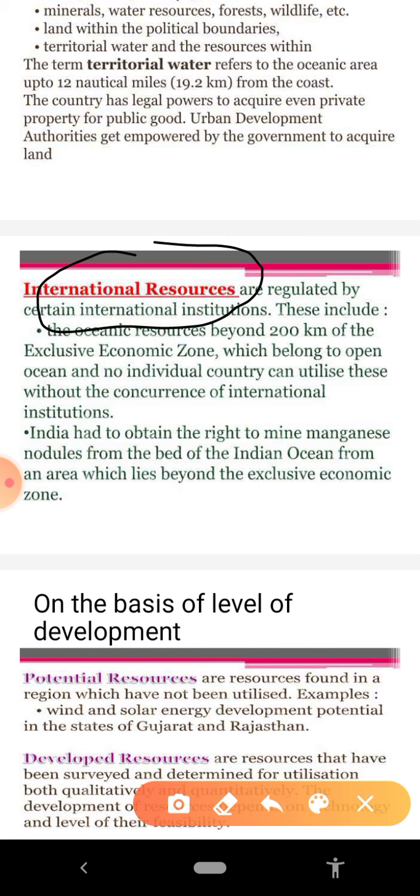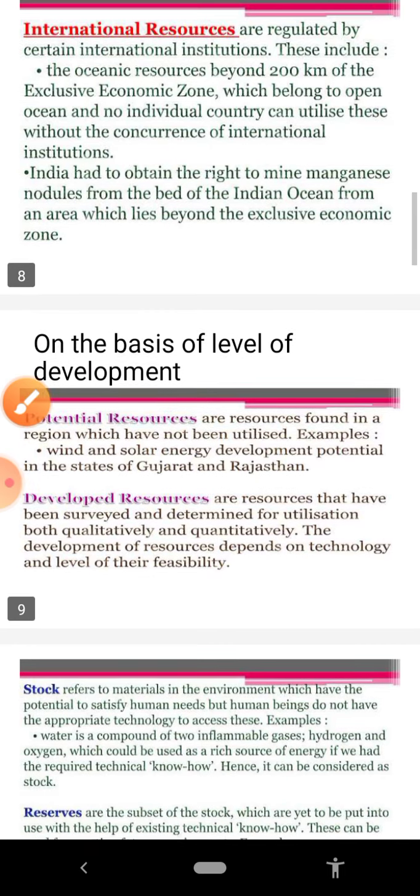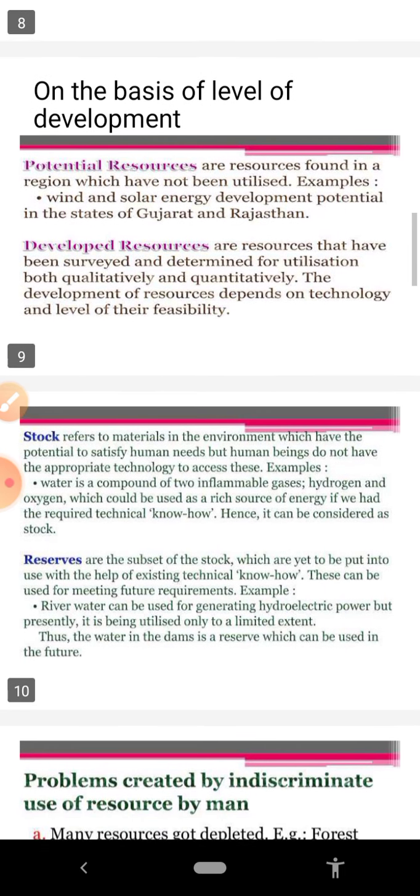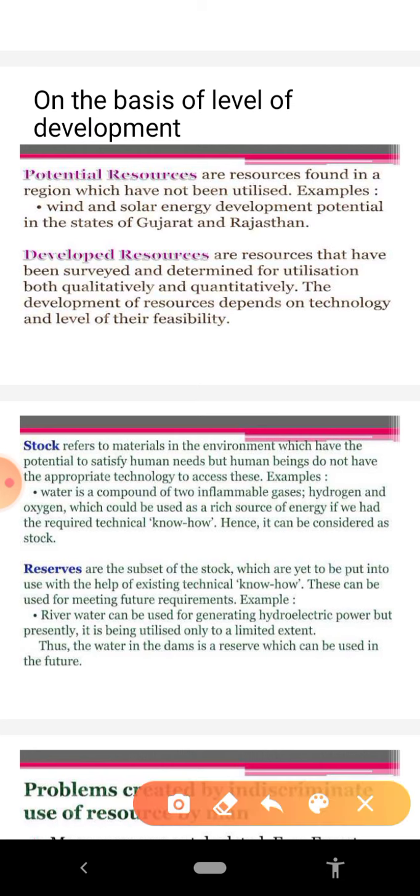After that, we will discuss classification of resources on the basis of development. With regard to the classification of resources on the basis of development, resources can be of different types. First one, potential resources.